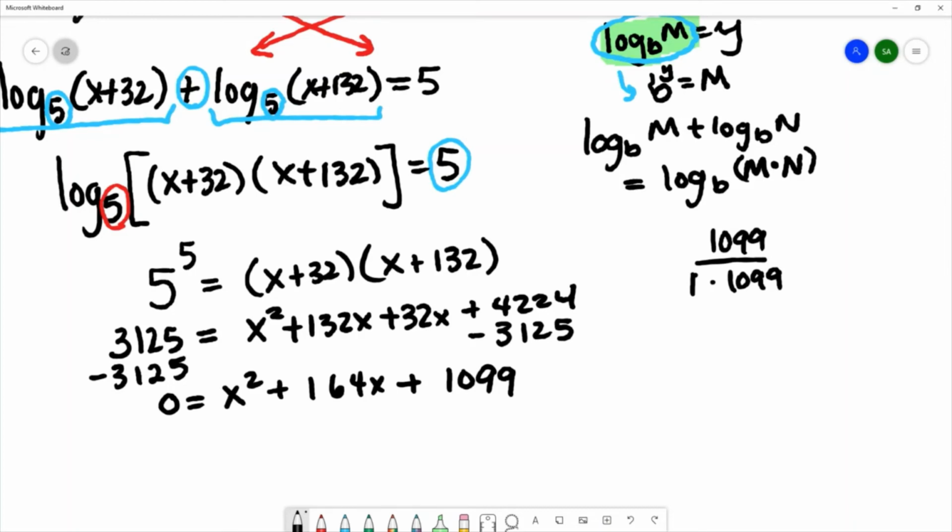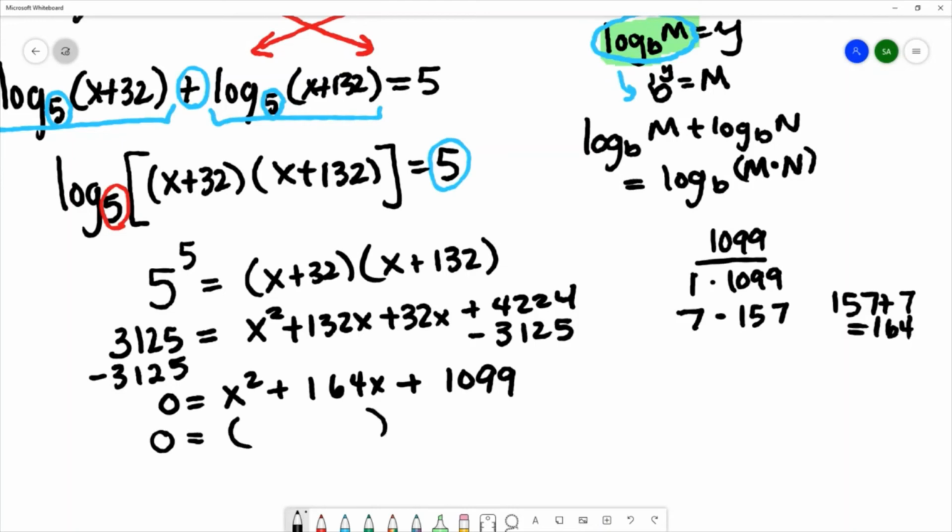How about 7? I'm going to try that. Okay, 7 times 157, and that has potential. That's pretty close to our middle term of 164. So let's add 157 plus 7 to see. Yes, so 157 plus 7 does equal 164. So that looks like the factorization that we're going to use.